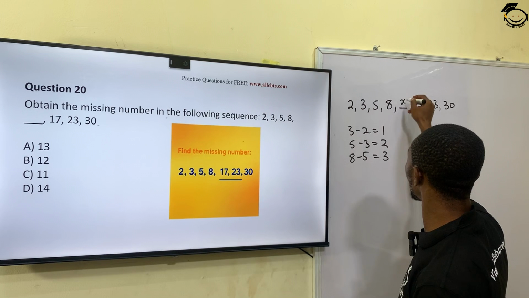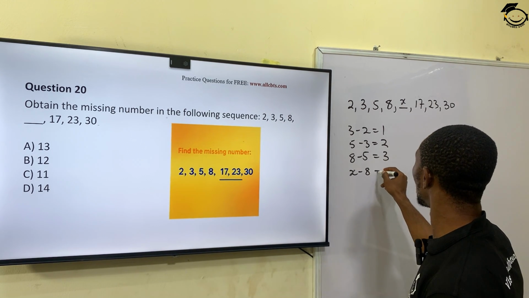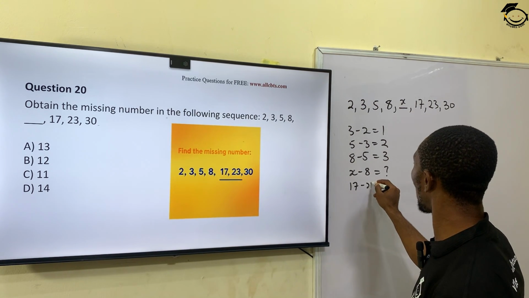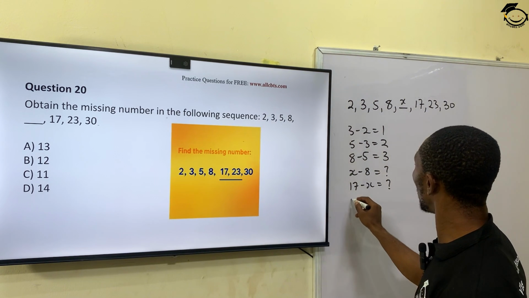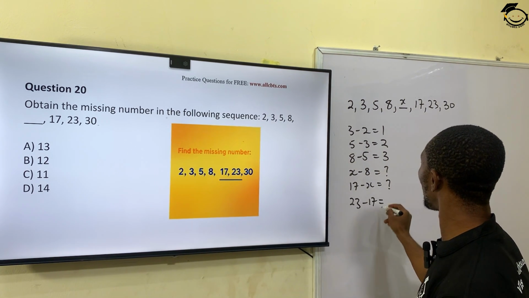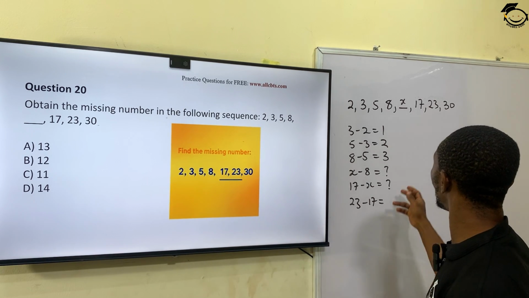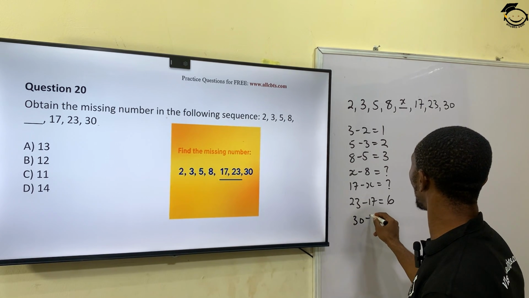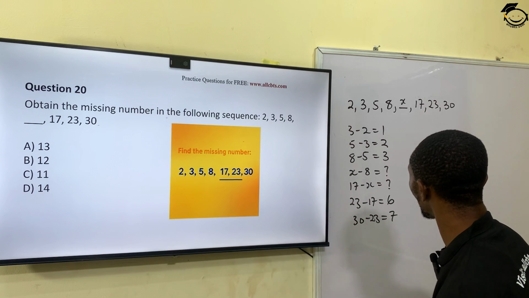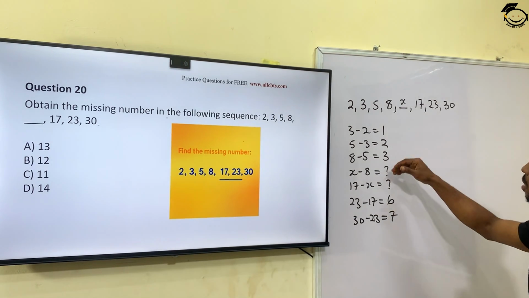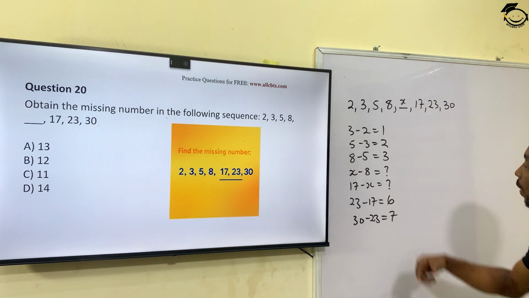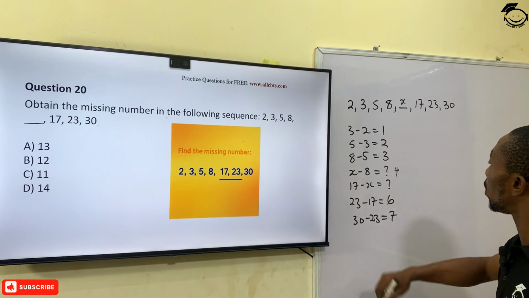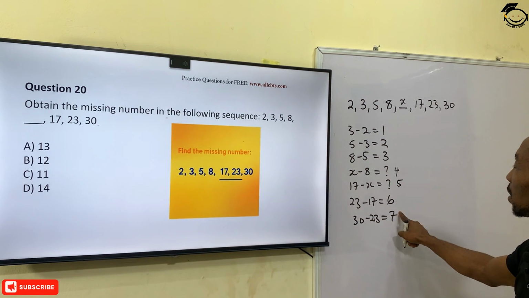Let's call the missing number x. x minus 8, we don't know, and 17 minus x, we do not know, but 23 minus 17 would give us 6, and 30 minus 23 would give us 7. If we look at this, we'll notice that it's an increasing order. So we have 1, 2, 3. So we can logically say this should be 4, 5, 6, and 7.